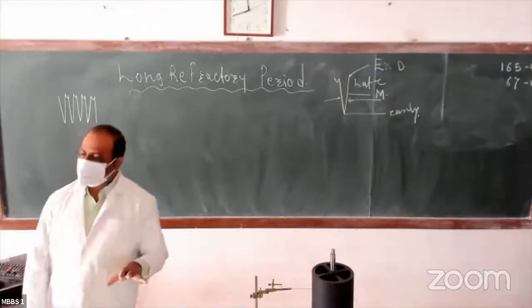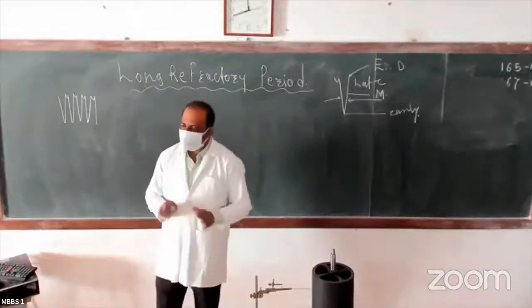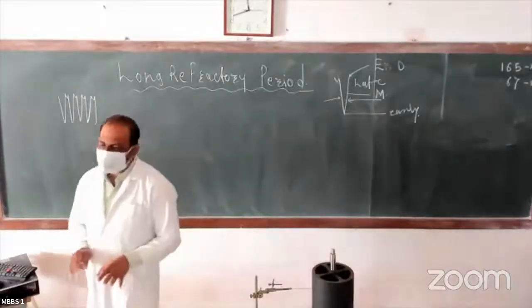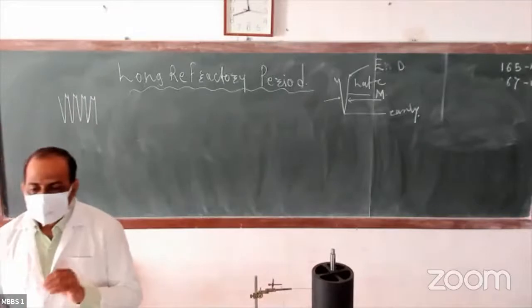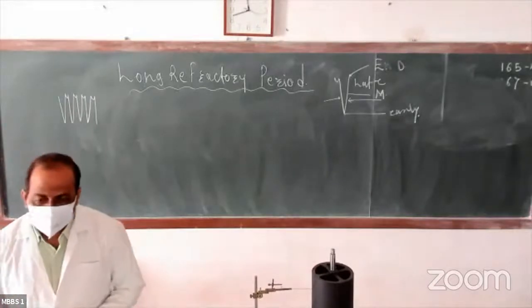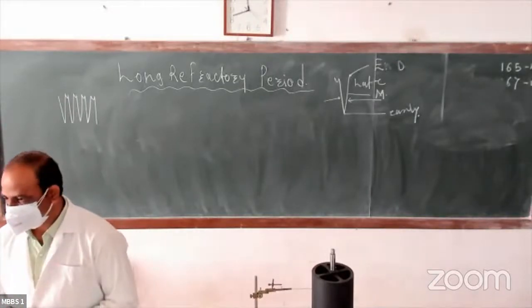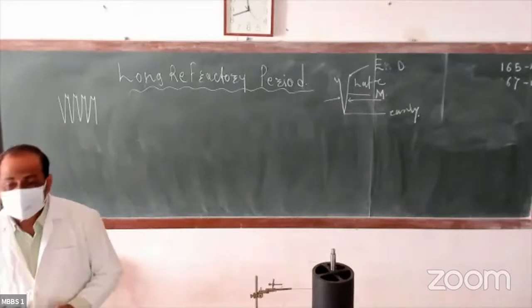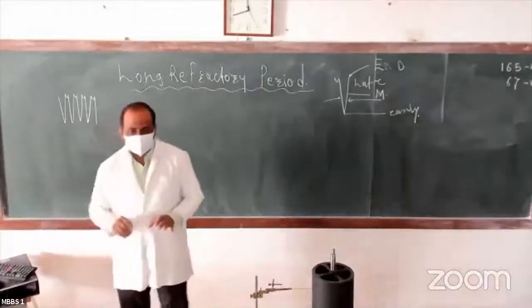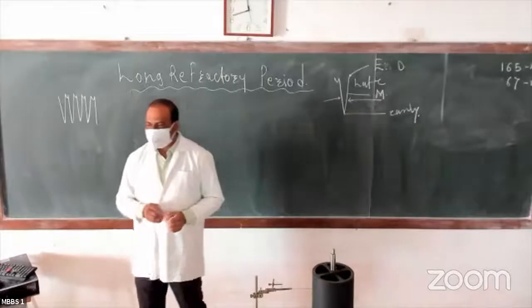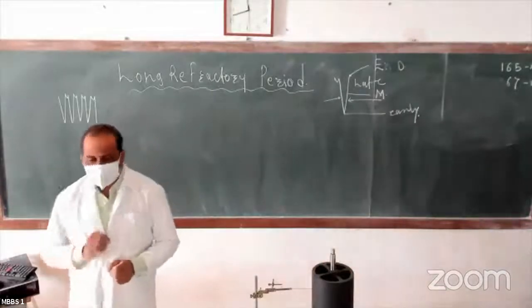Refractory period means that whatever may be the strength of the stimulus, maybe suprathreshold, the previously excited tissue does not show the response. Is it clear? But the strength of the stimulus should be more. Again, it has two types: relative refractory and absolute refractory.